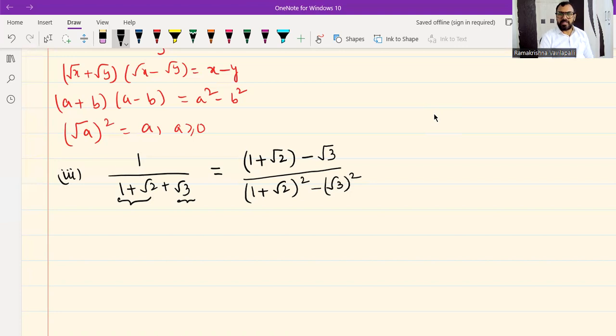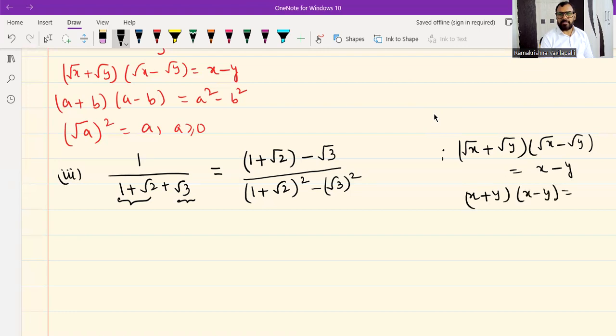Once again, I'm writing that root x plus root y into root x minus root y equal to x minus y. Or you can say that x plus y into x minus y equal to x square minus y square.